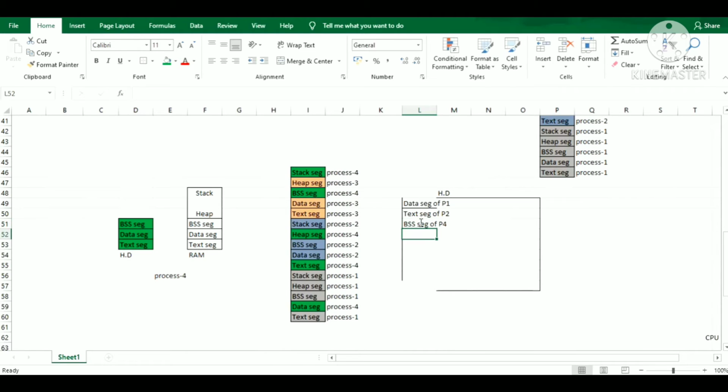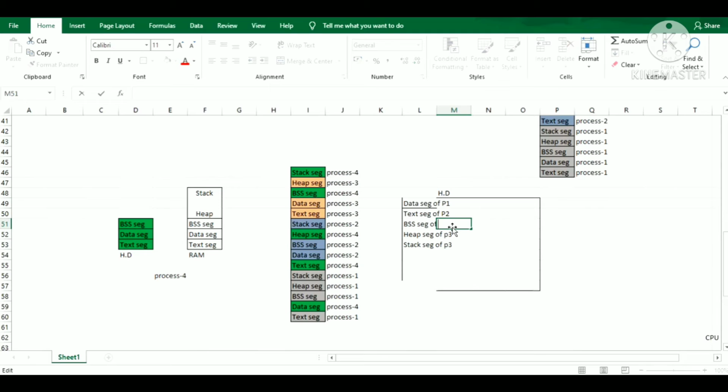You can see here, this is the process 3 BSS segment.